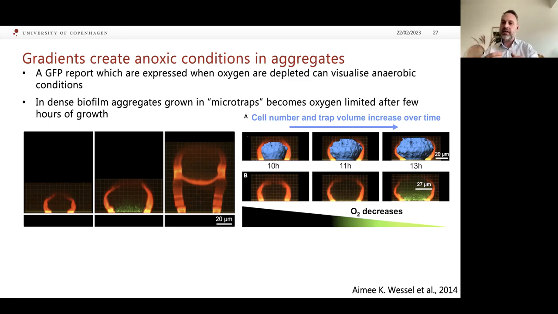They used GFP reporters that would turn on GFP if the bacteria came into an anaerobic condition. And they could see that the center part of these aggregates started to light up. So you had gradients inside of the aggregate itself. Besides what we have in the infection, there's no immune response or anything here, but the aggregate itself also has a gradient within it. So it's really complicated, the way this stuff grows.